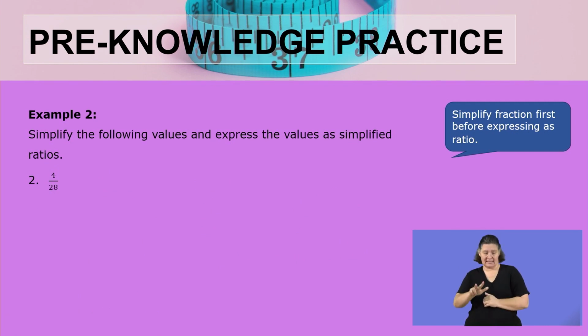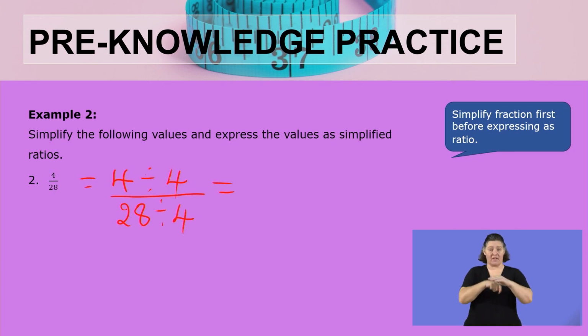4 divided by 28. So 4 divided by 4, and we also say 28 divided by 4. So 4 divided by 4 is 1. And 28 divided by 4, let's do it together. 28 divided by 4, we get 7.